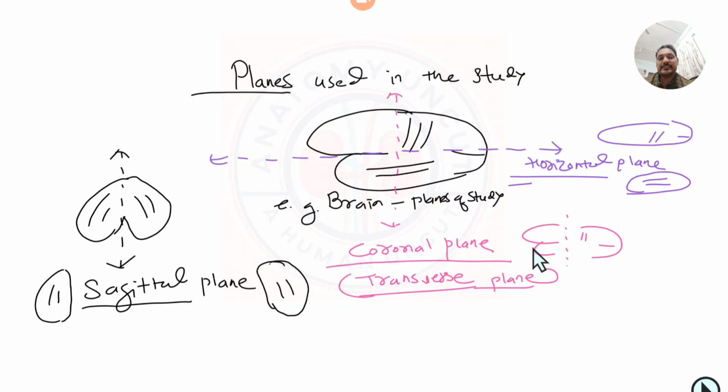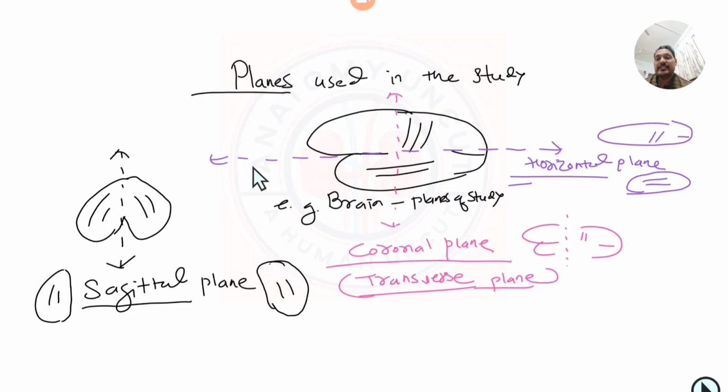You can see half of the brain pushed in front, and one part of the brain pushed behind. So these planes will enable you to see the brain from this angle as well as this angle.